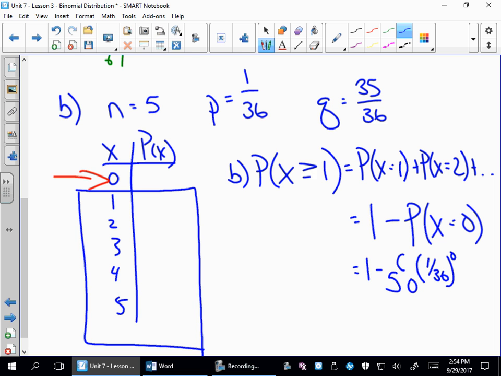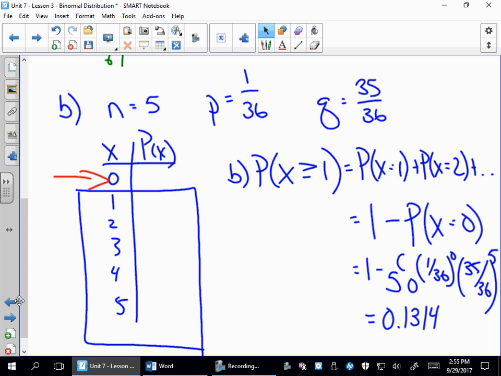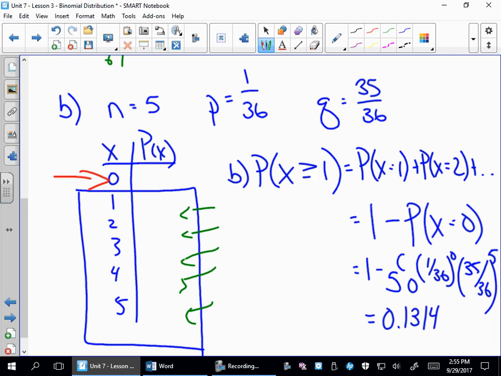I want that to happen no times. And I want to fail 5 times. Okay, I can put this all in my calculator at one time, and if I do, I get 0.1314. There's the likelihood of at least one sum of 12. It saved me from having to add up this number, and this number, and this number, and this number, and this one. Right? Way faster.